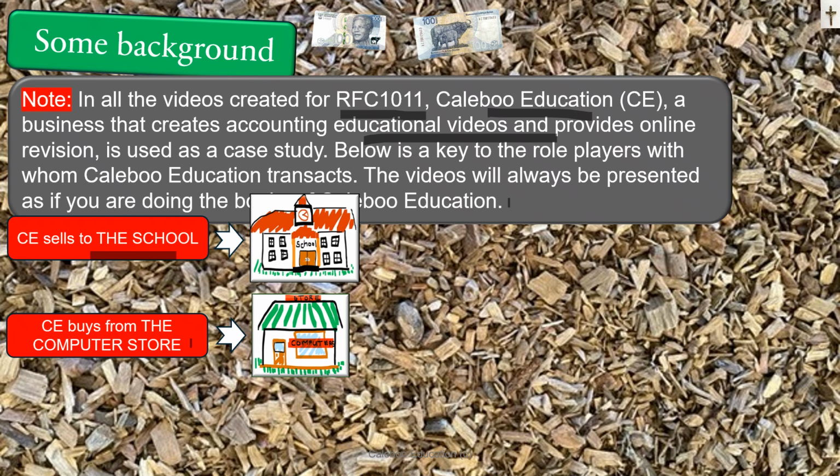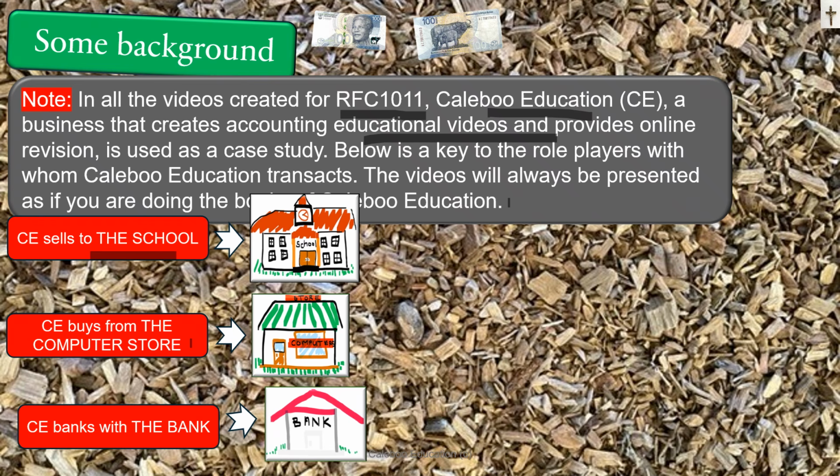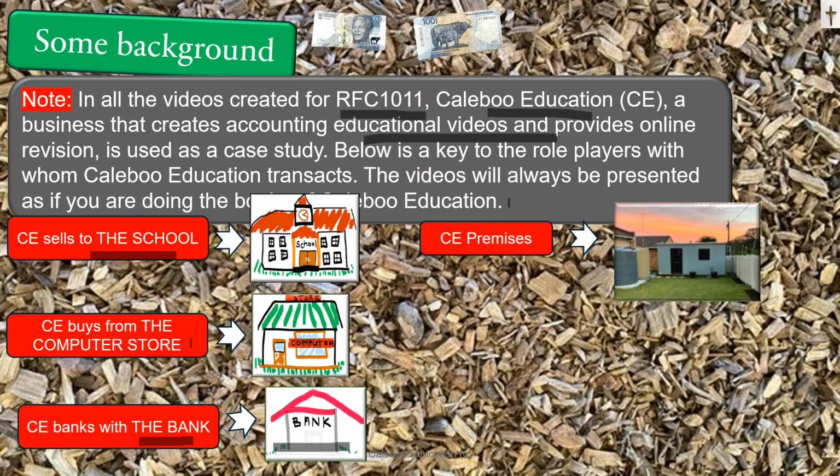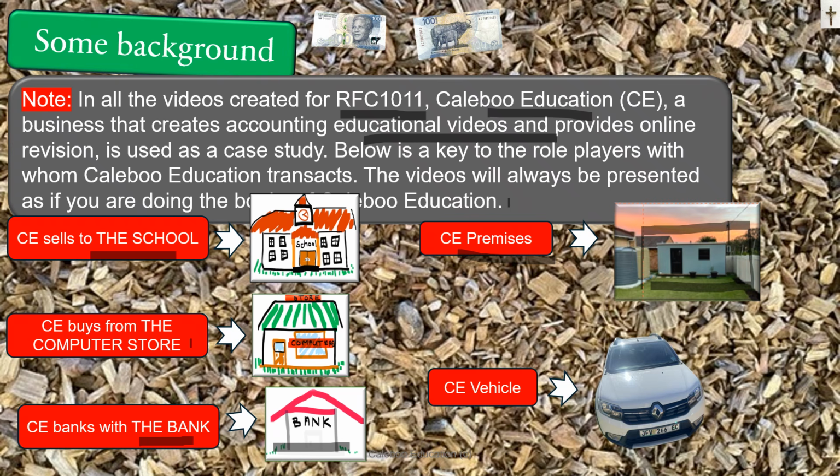We'll look at cash and credit transactions. Calibre Education banks with not FNB or Standard Bank, but the bank. And Calibre Education has its own little office, its own premises, and that's the company vehicle. This is a sole proprietor, so the vehicle of Calibre Education.